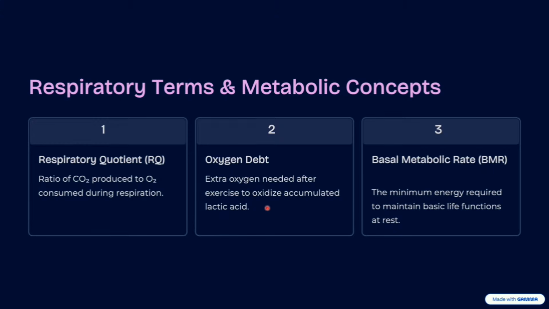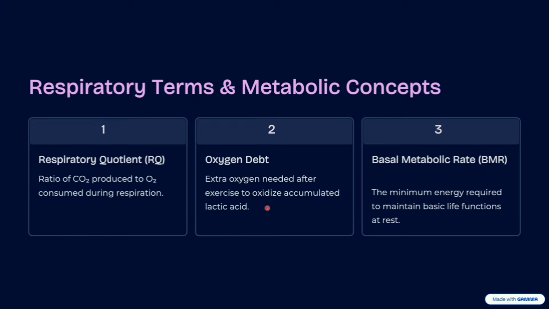In simple terms, it is the extra amount of oxygen required to get rid of lactic acid accumulated in the muscles when oxygen supply is lower than the demand. So when the supply of oxygen is lower than what is required, then you experience what is referred to as oxygen debt.